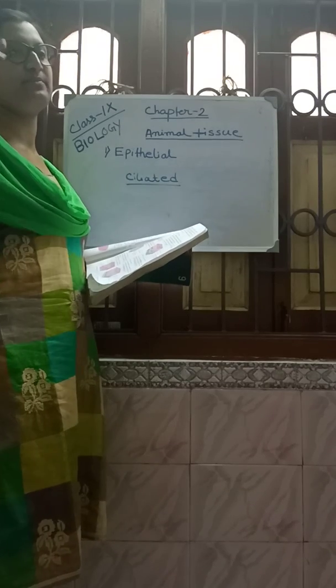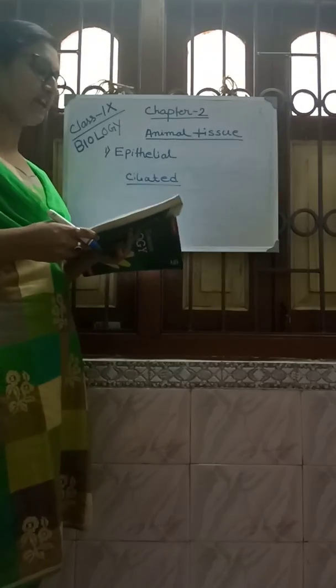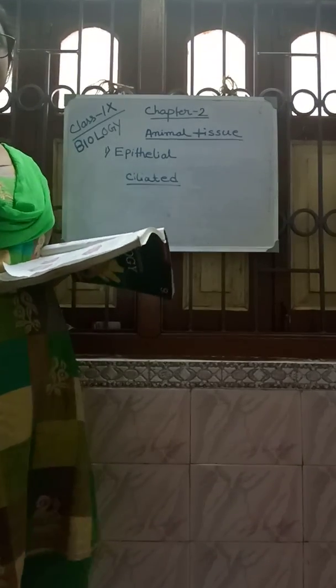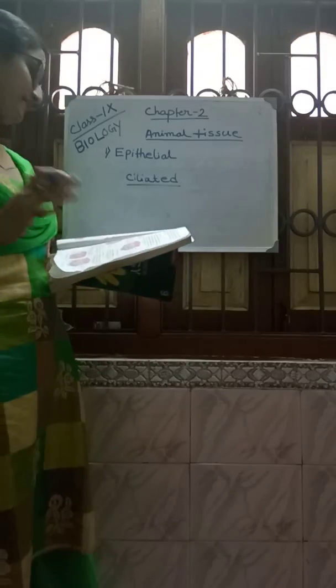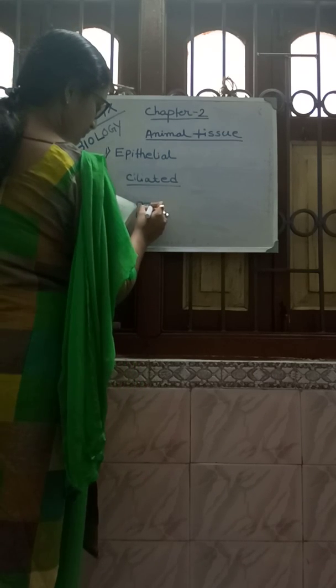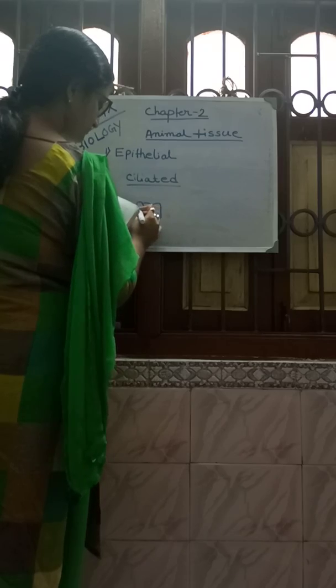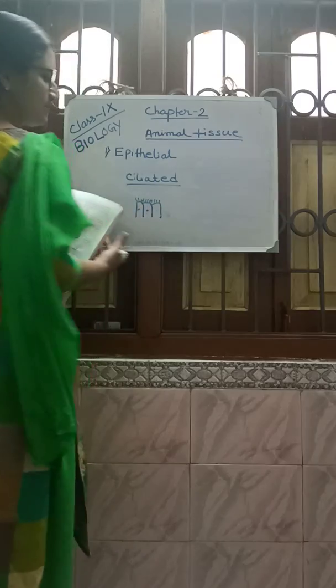The two types are the cuboidal ciliated epithelium and the columnar ciliated epithelium. For example, in the columnar ciliated epithelium, the cilia are on the free surface. This is the ciliated epithelium.